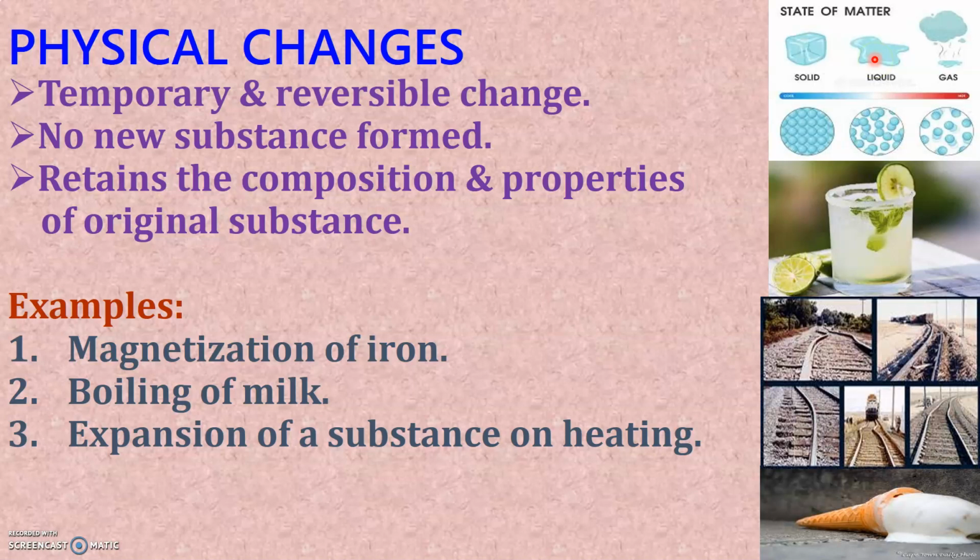Likewise, on boiling liquid, we get water vapors, and by the process of condensation, water vapors can be converted back into the same liquid. Likewise, let's take the next example, the making of a lemonade.